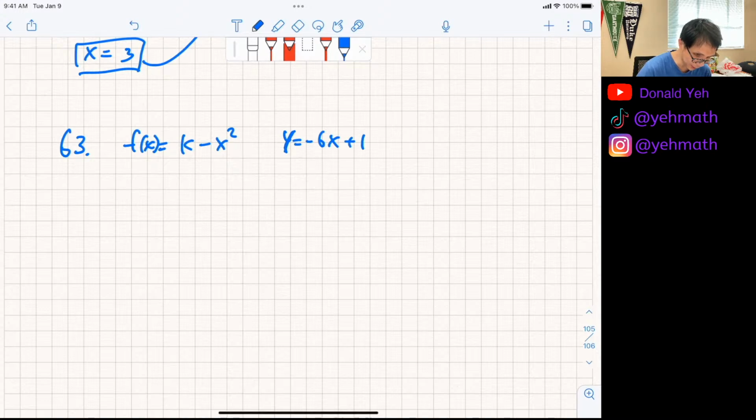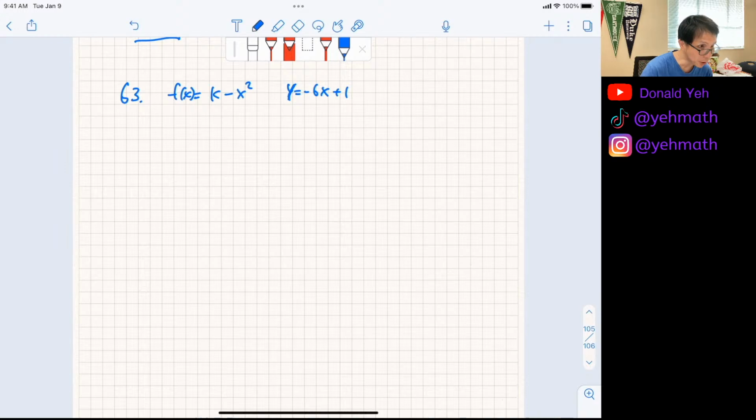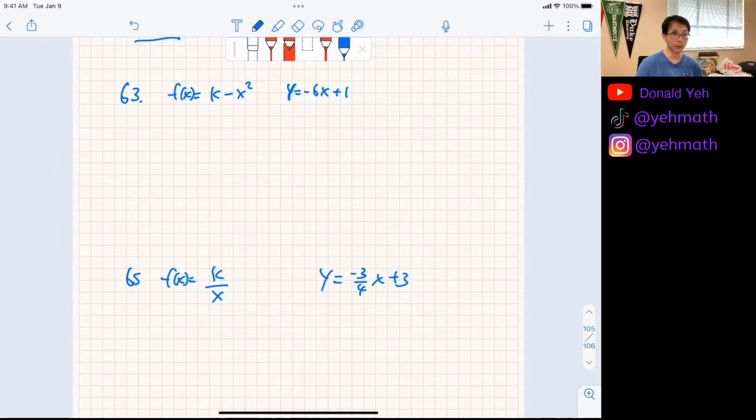Remember, you are finding the value of k, and k is a constant. 65 is a little bit harder. 65 is f of x is equal to k over x, and y is equal to negative 3 over 4. I think most of you will have problems on this one because your algebra skill is kind of eh.